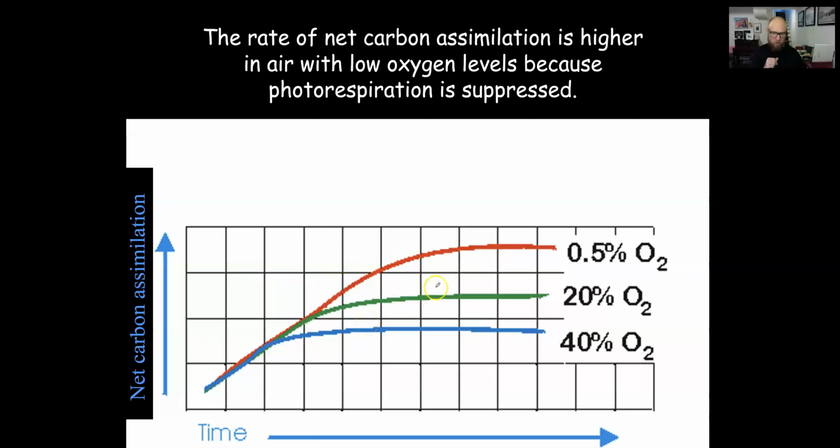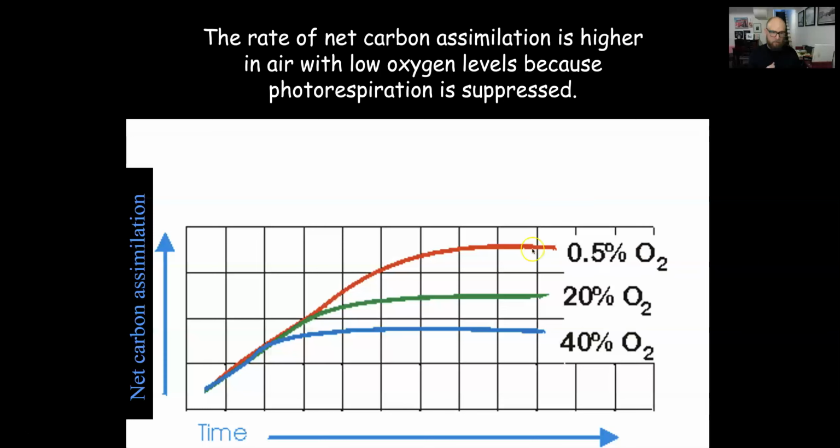So here on the y-axis we have carbon assimilation. On the x-axis we just have time, and this is just a representation of what photosynthesis looks like under different concentrations of oxygen. In this case, what the study did is put air into a chamber around a plant, and the air it was putting into that chamber had different concentrations of oxygen.